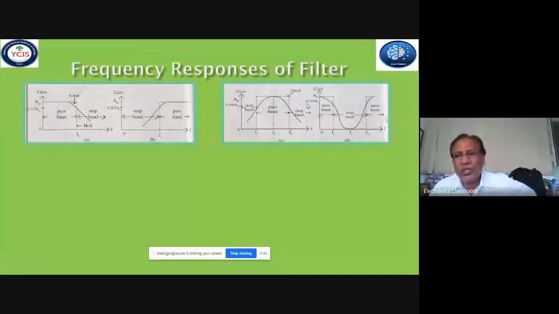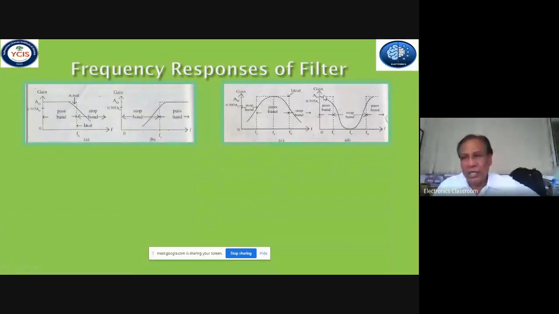Similarly, here the dotted line is observed at frequency 0 with maximum gain, and at the lower side, at F equal to FL, the gain drops from the higher value to 0. Again at F equal to FH, there is a sudden transition of the gain from 0 to the maximum, and it remains constant.